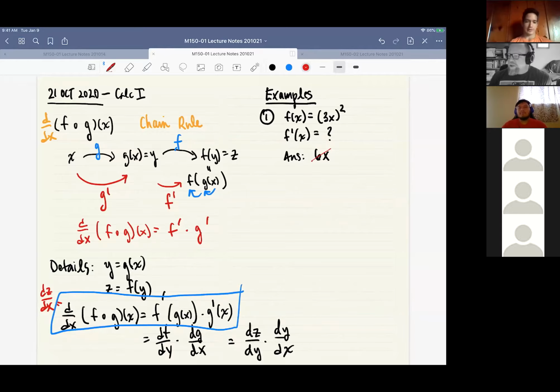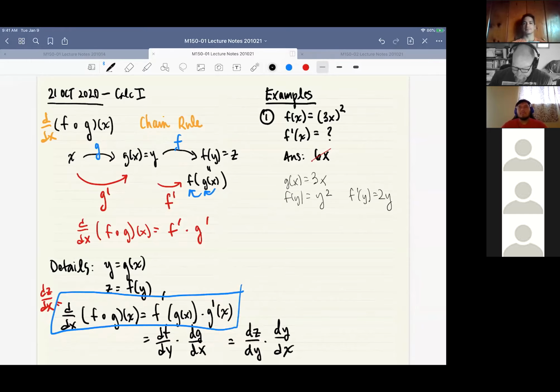Do you see how you can use the chain rule on this, Robert? I could do it. Sure. So I split up the 3x squared into two separate equations. My g of x would be 3x, and then my f of y would be y squared. So I first differentiated the y squared, and that got me 2y to the power of 2 minus 1, which just gives me 2y.